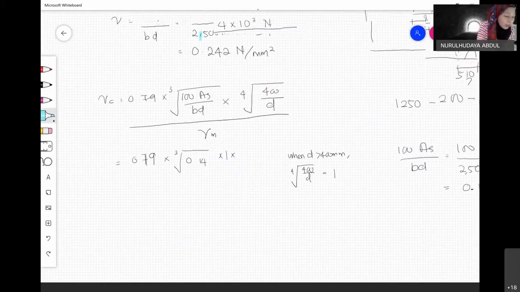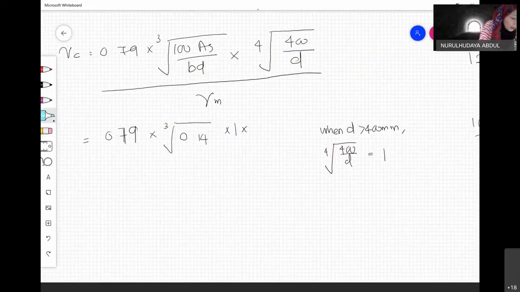So automatically akan ada tambahan dekat sini. Additional, we say that FCU divide by 25. Okay, so FCU kita adalah 35 Newton over mm square. Kita kena bahagi kuasa 3 tinggal bagi dengan 25.